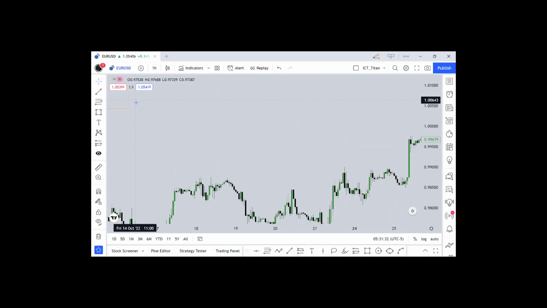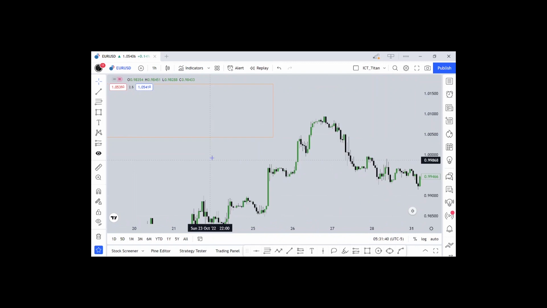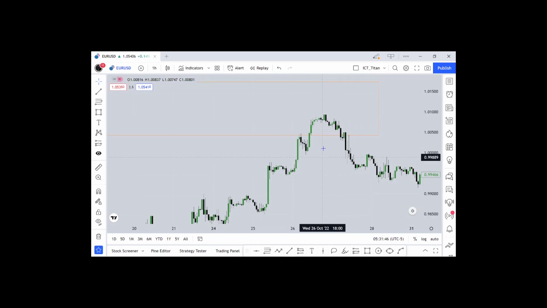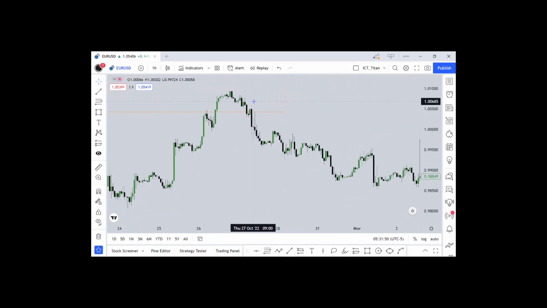And remember, we had the 1 hour fair value gap in mind. So it trades into the 1 hour fair value gap, then reverses.